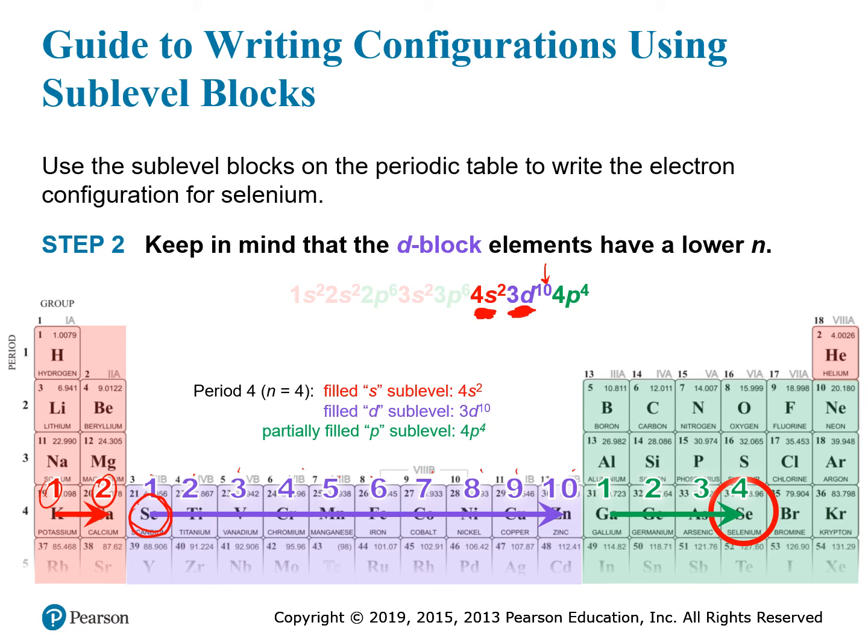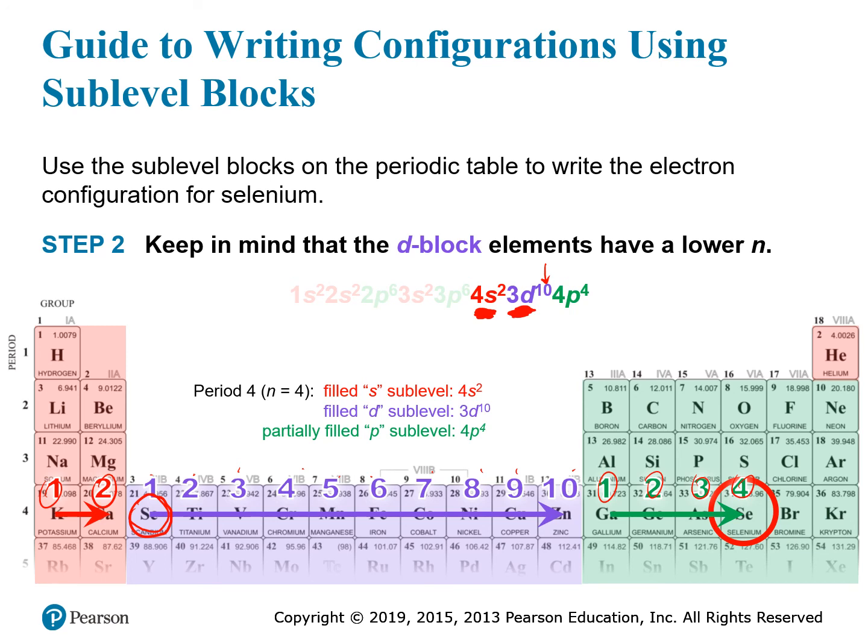Then we get to the p block, and we're almost there. We're almost to selenium. In fact, we're not going to complete another sublevel. We only get to put in 4 electrons into this 4p block by the time we get to selenium.